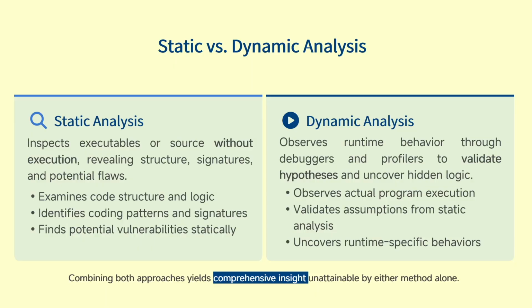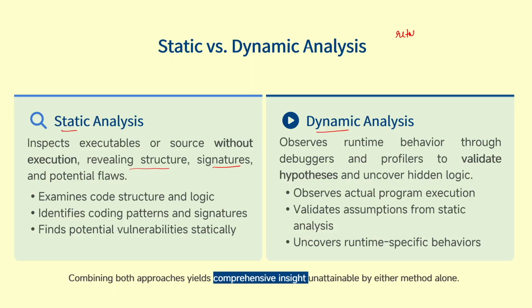So now what we mean by static and what we mean by dynamic. So static is without runtime. So without executing, we will be checking the code for any problem. Okay. So we will be trying to find whether the code structure is correct or not, signatures and the potential flaws.